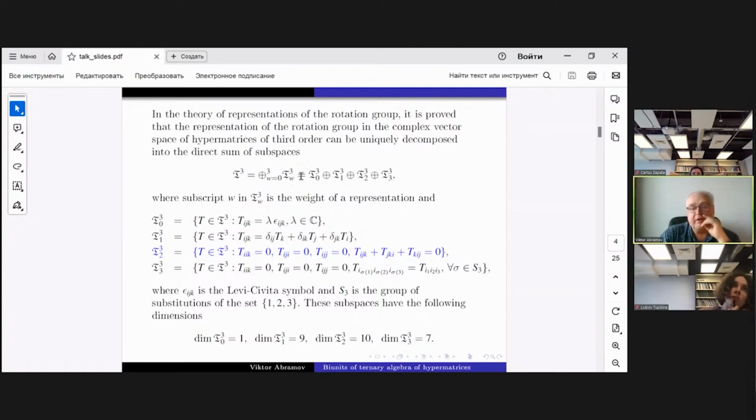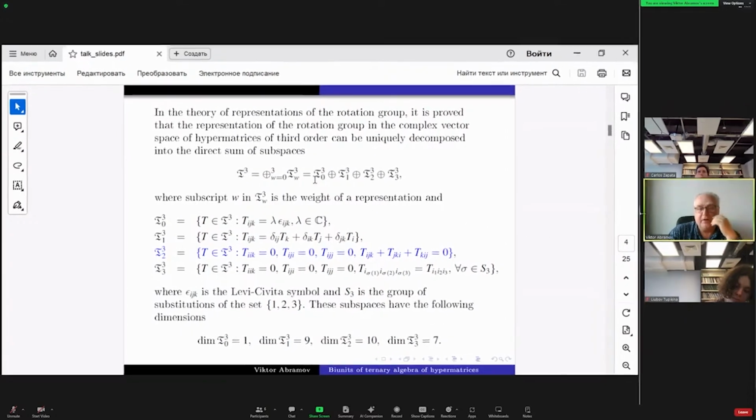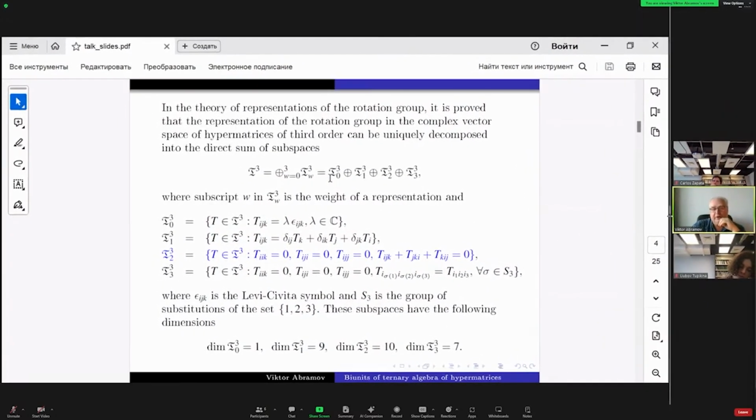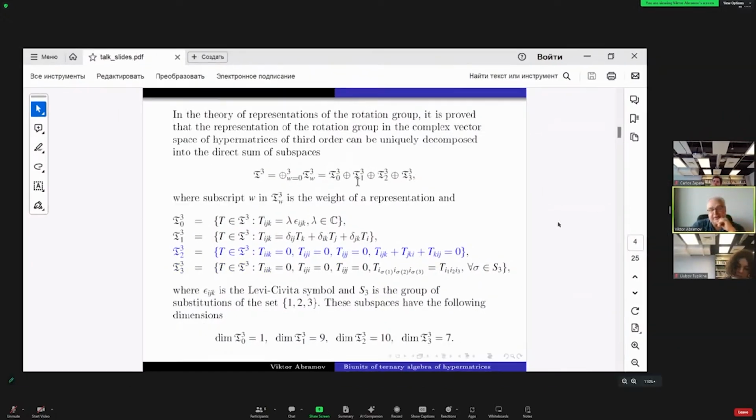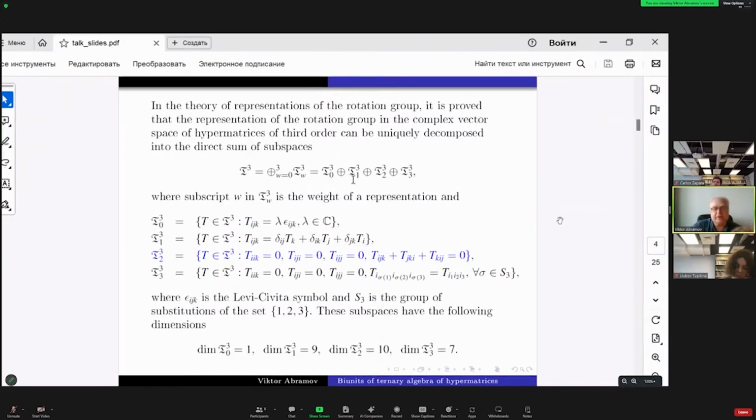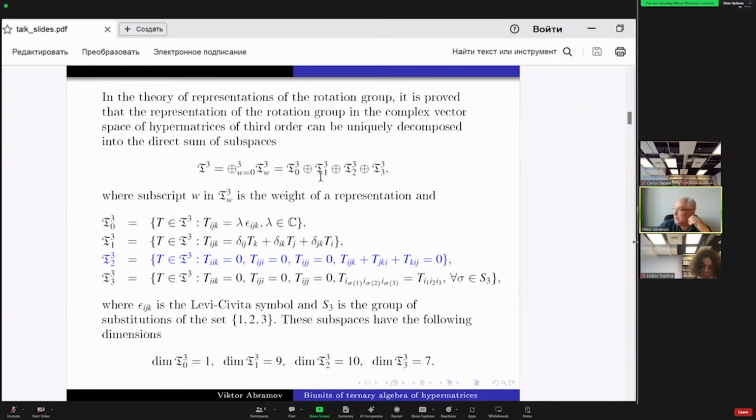It's very important that this decomposition is unique. So we can uniquely decompose into the direct sum of these subspaces, and in each subspace, we have a representation of the rotation group which is a multiple of an irreducible one. So in each subspace, we have a several times repeated irreducible representation.